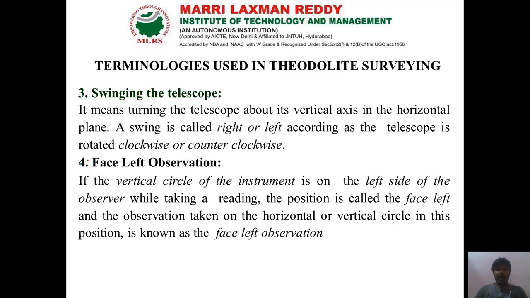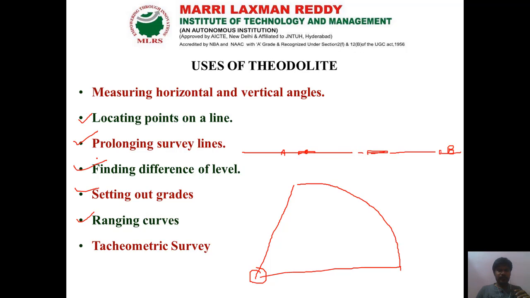Then face left observation. The vertical circle is placed on the left side of the observer during the measurement. That position of observation is called face left observation, and the position is called face left. That can be done with the help of our instrument, the knob of the telescope here in the figure.